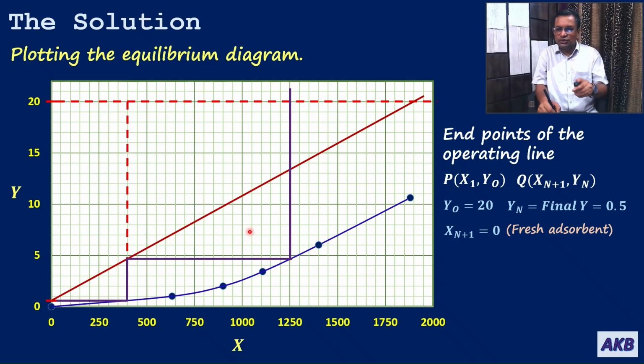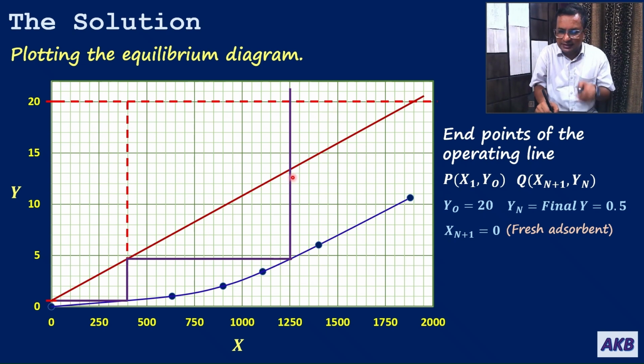But when I do this for this operating line, the intersection of this vertical line and the operating line occurs over here. But the requirement is that this intersection should occur on the horizontal line through y0. That is, this point should lie on this horizontal line.